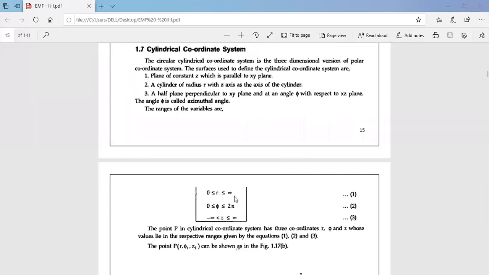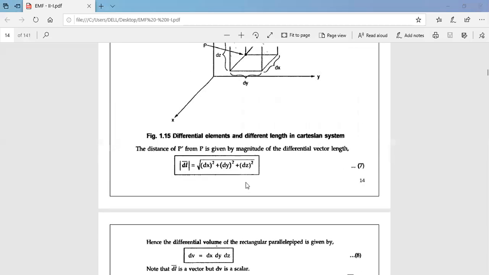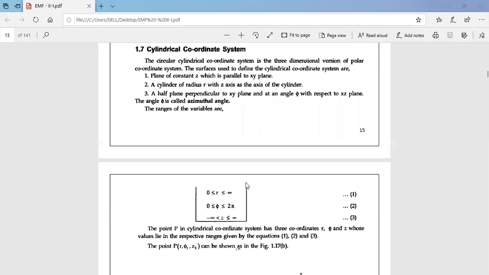Now, phi. If you draw a line from the center to the circumference, phi goes from that line, which is 0 degrees, around the circumference of the drum.